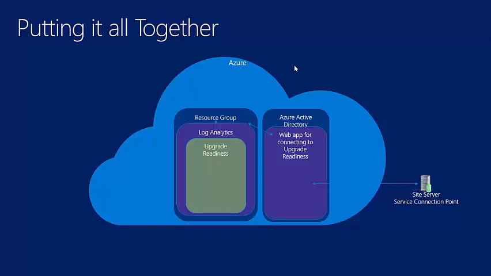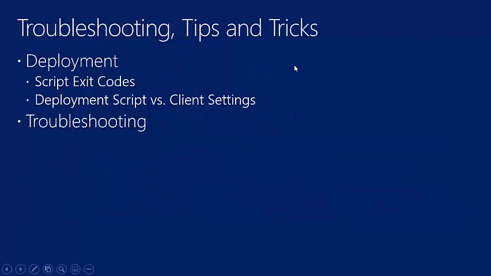All right, so now that we've seen how it works, what about some troubleshooting ideas, tips, tricks, right? So we've covered a little bit of this already, but just to highlight it again. In terms of deployment, getting the settings out to the clients to enable them to share data forward with Azure Upgrade Readiness, and then get that data to ConfigMgr, a couple of things.